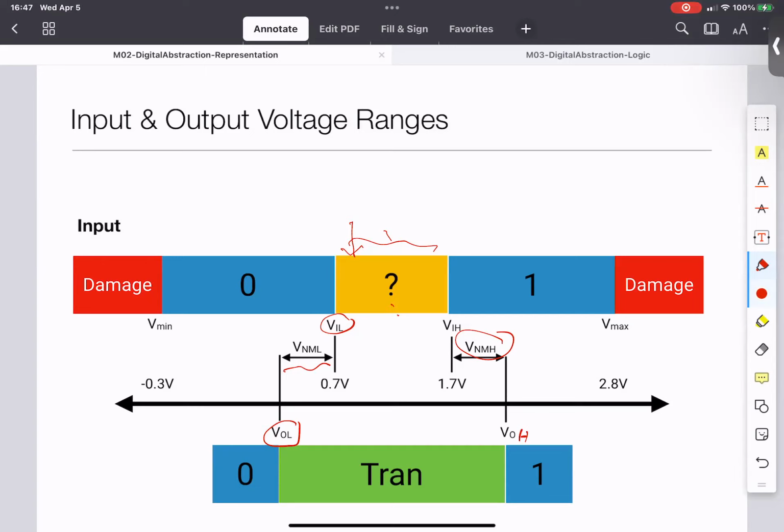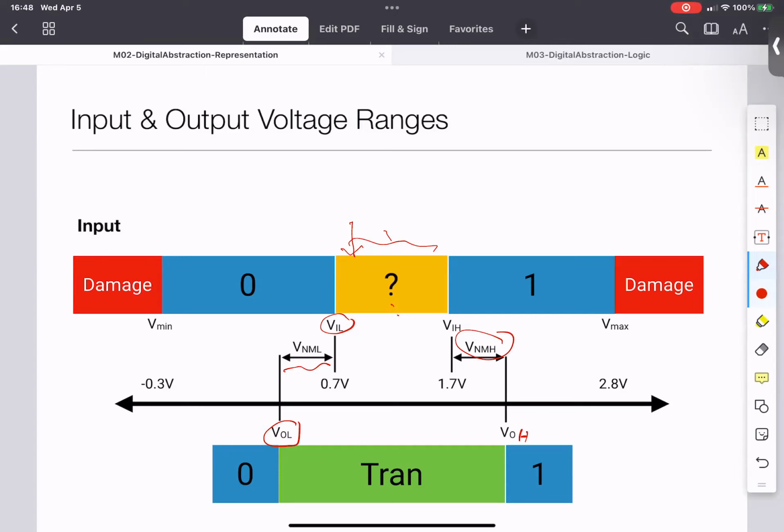No. Let's say it was V1 plus some noise. Since the noise is very large, you now have to see how the circuit will interpret V1 plus noise. There are actually three possibilities.